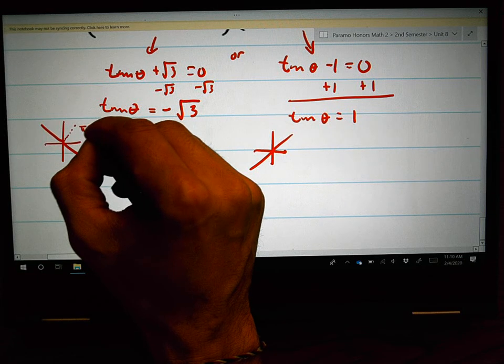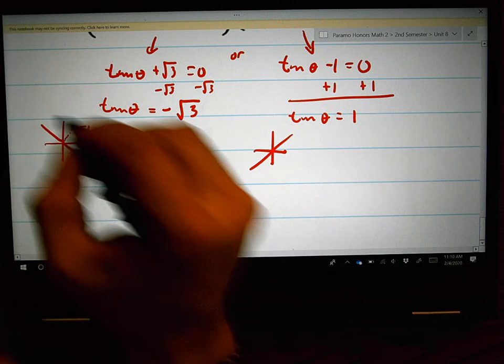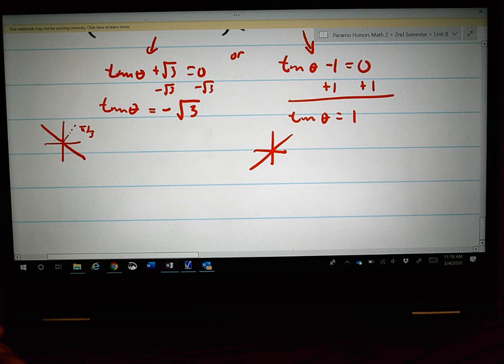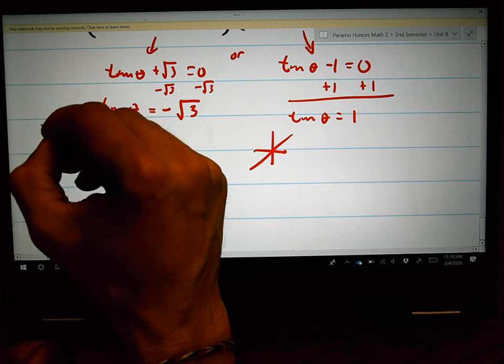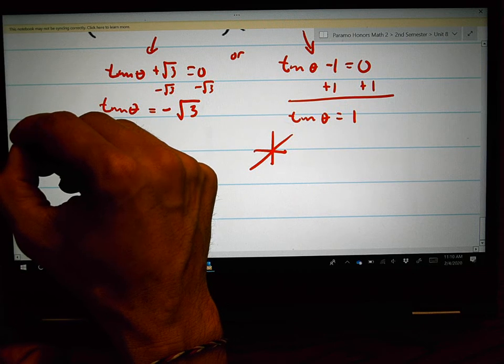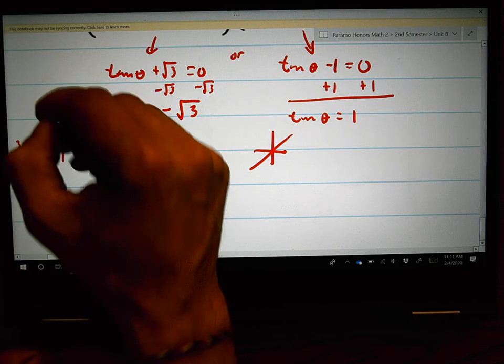So I need the quadrant 2 answer, which is what? Same reference angle, pi over 3 on the inside. This is 3 pi over 3, so it's 2 pi over 3.